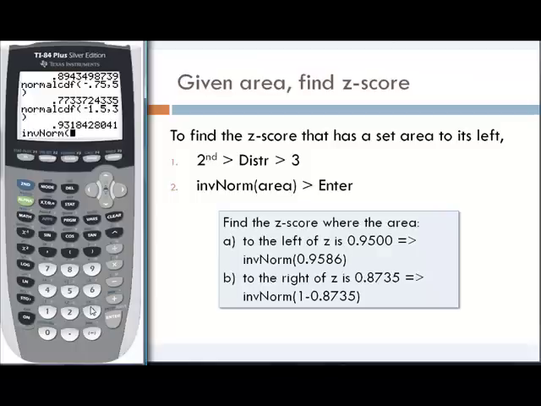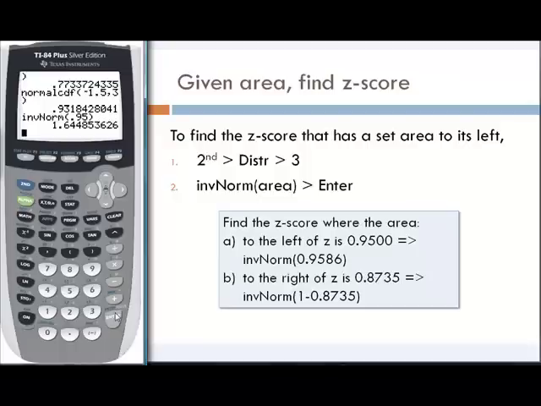And so if we want to find the area to the left, we just put this straight in, and so that would be area to the left of 0.9500. We would just put in 0.9500 and hit enter. And that says our z-score for a z that has an area under the curve to the left that's 0.9500, that's going to be a z equal to 1.645.